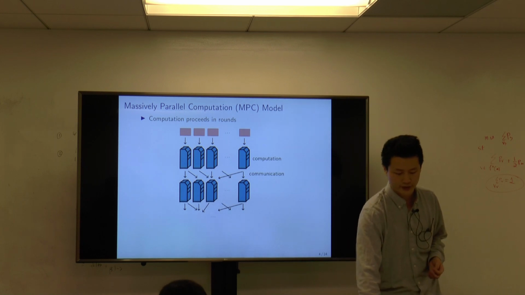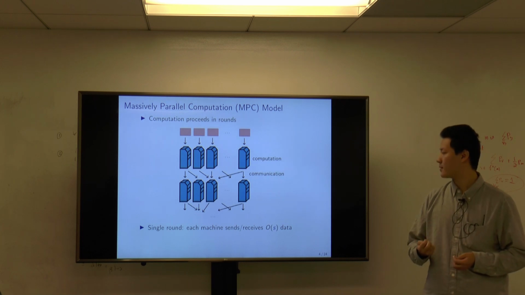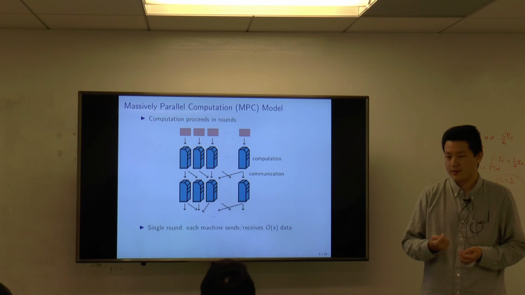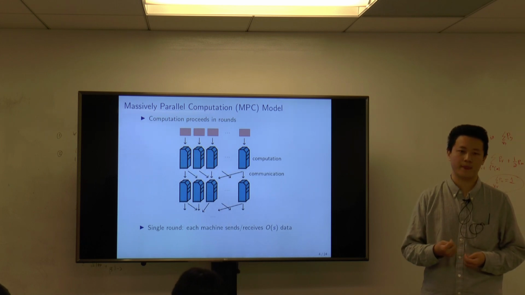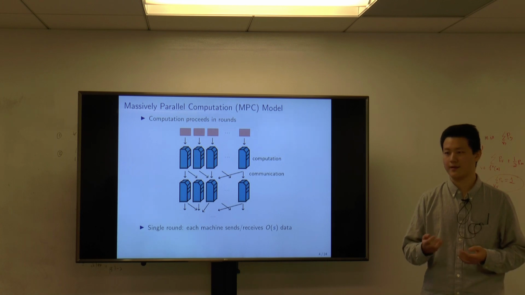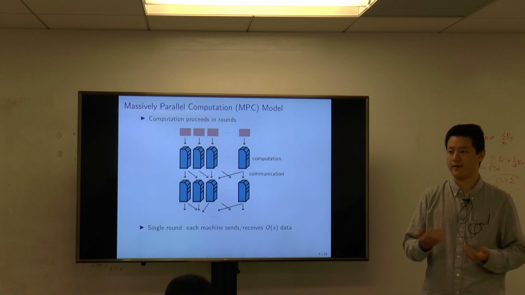However, there is a restriction. In a single round, each machine can send or receive data of size at most S. This is because each machine holds local memory of size at most S, so it cannot send or receive more than S data because it cannot hold that data.